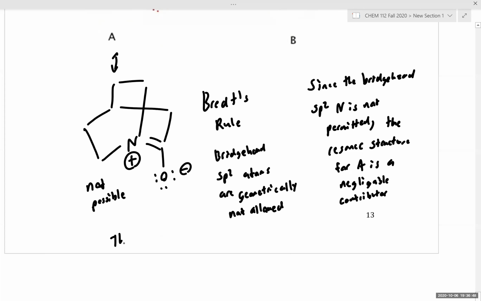Thus, the lone pair on A is more localized and more basic.